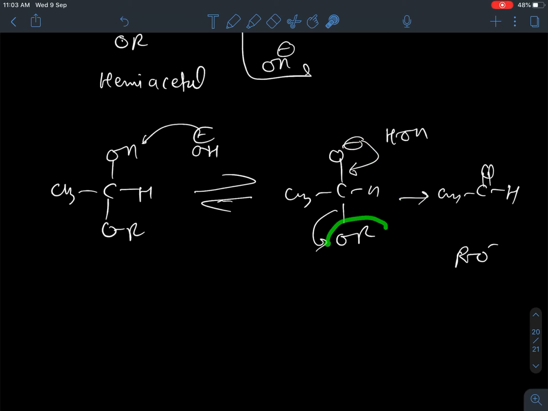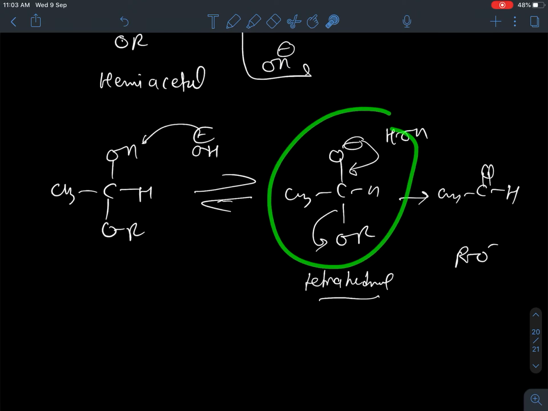That's why even OR minus, which is usually not a good leaving group, in fact a poor leaving group, but here even that is moving out, because earlier it is tetrahedral, some strain is there. At the same time, the entropy of this reaction is increasing, so the favorability of this reaction is there.